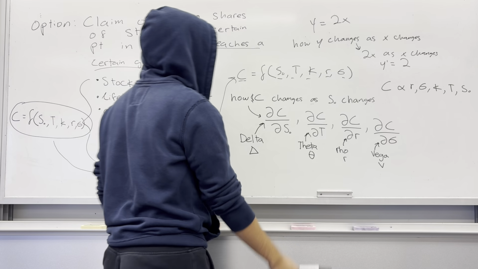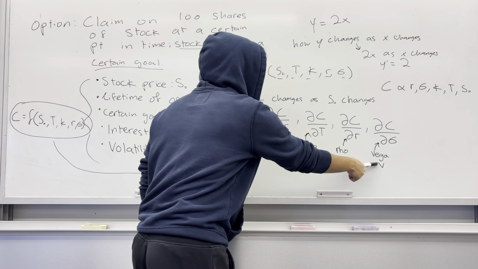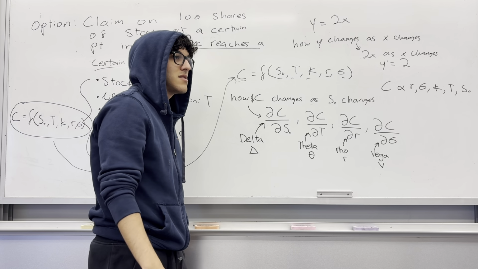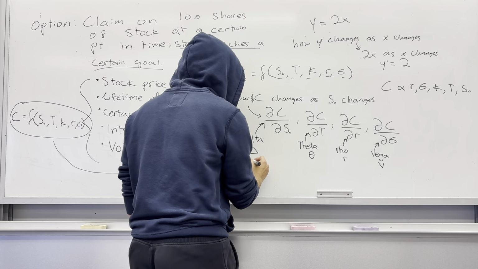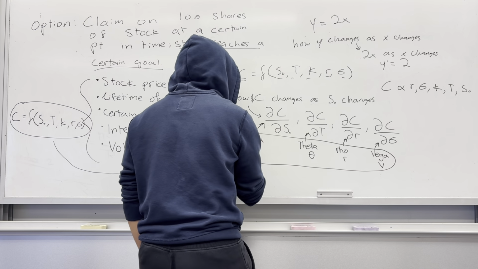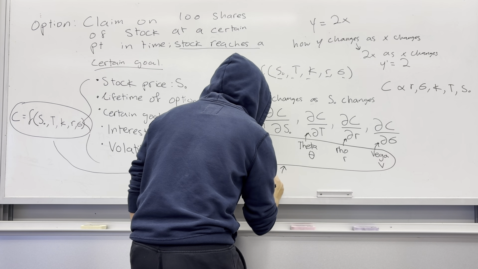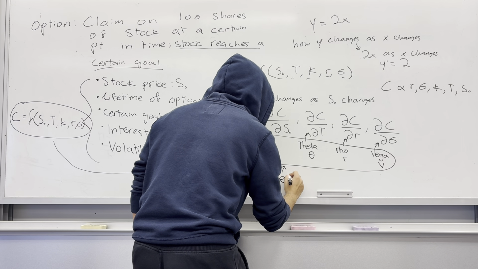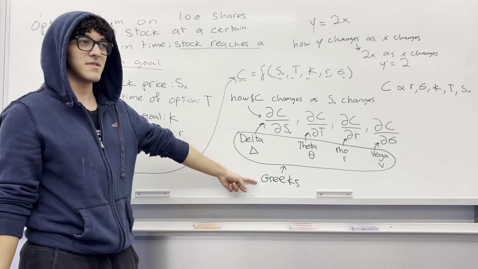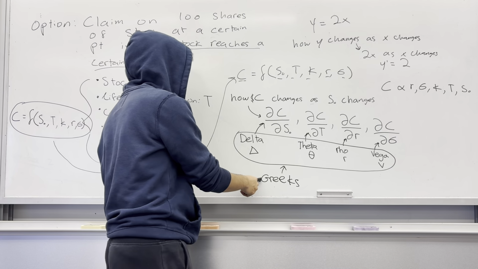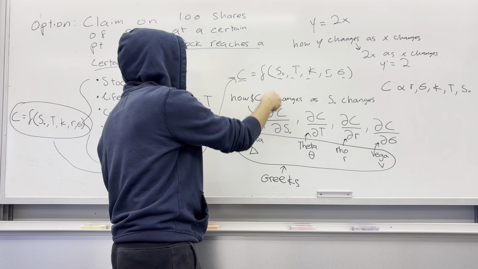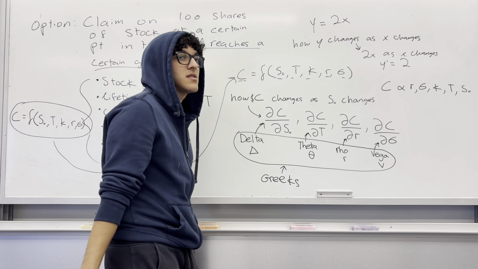All of these, what do all of these have in common? What do all these names you think have in common? Greek letters. That's why we call these Greeks. These all are an effect of the call price.